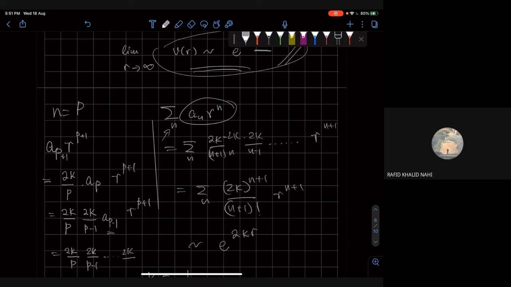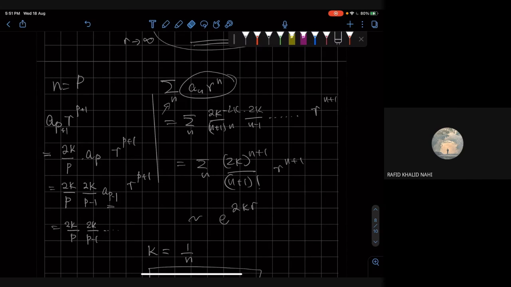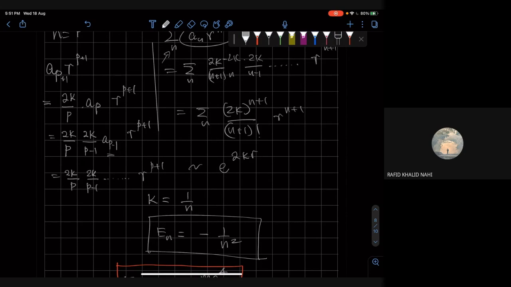We have to take more exact values there, but I'm just going to say that those are not the values which are going to dominate. So this we can write as 2k to the power p plus 1 divided by factorial of p, r to the power p plus 1.